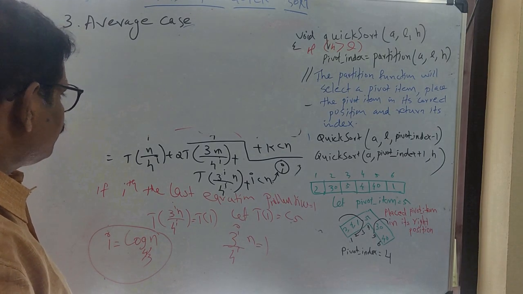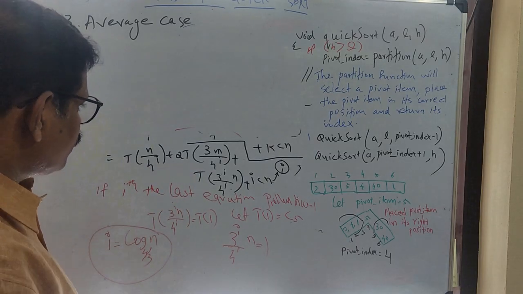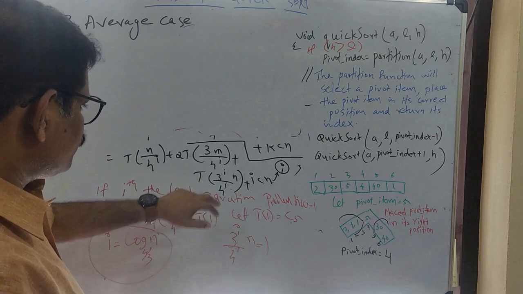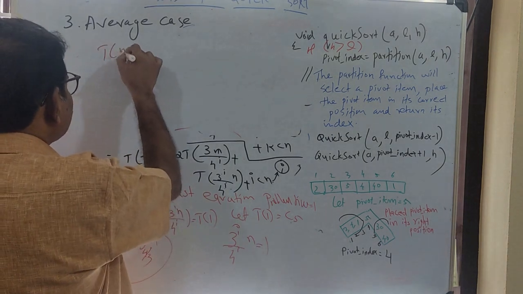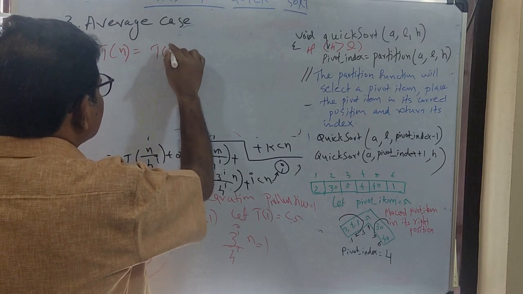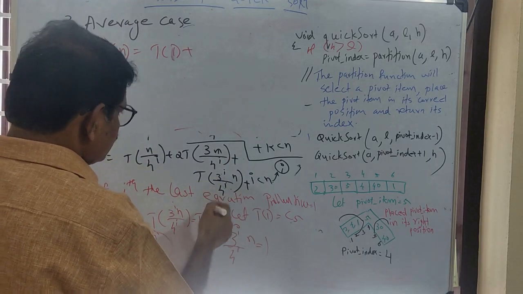On the last level, these legs will be exhausted, and the remaining leg will be this. So our equation will become T(n) equal to T(1) plus iCn.